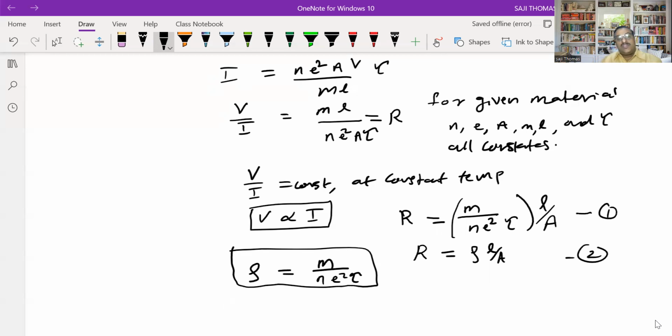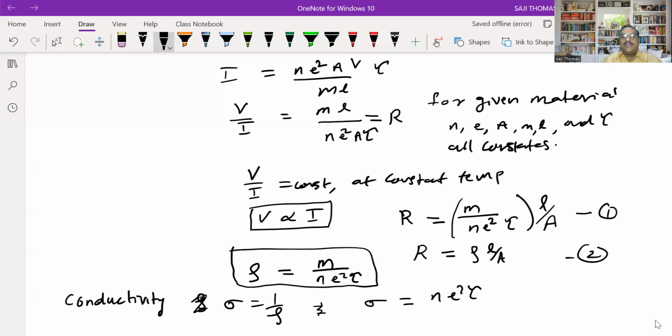We can write the equation for conductivity. What is conductivity? Conductivity sigma equals 1 by rho. So sigma equals, taking the reciprocal of rho, n e squared tau by m.